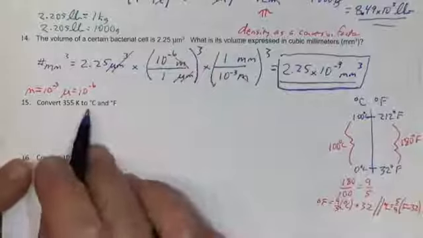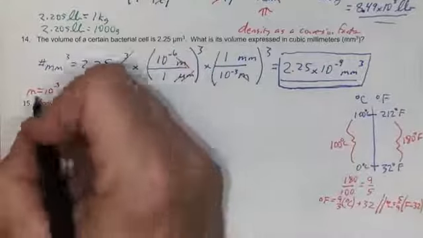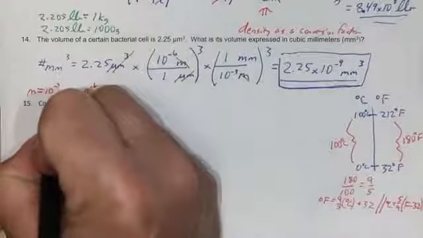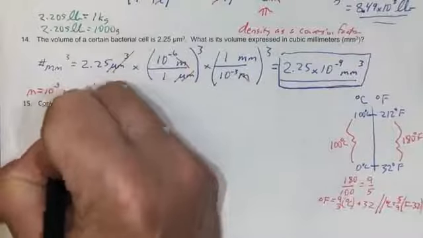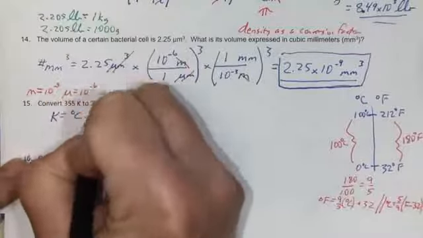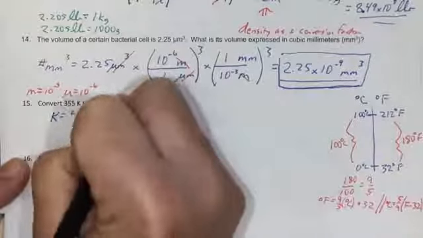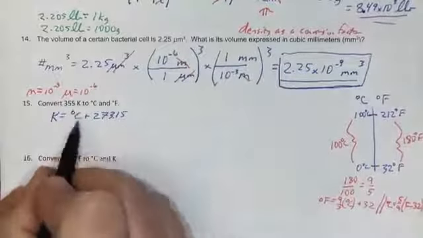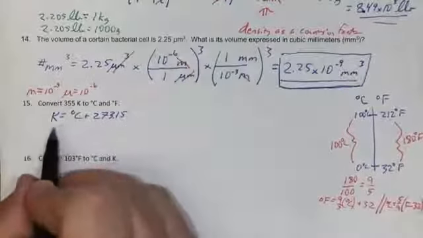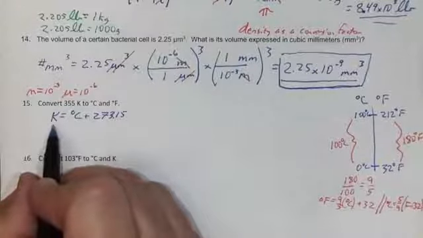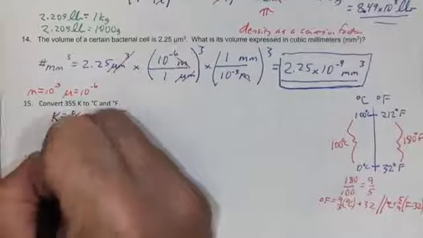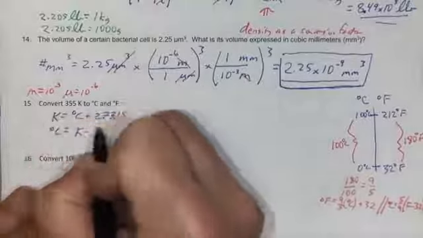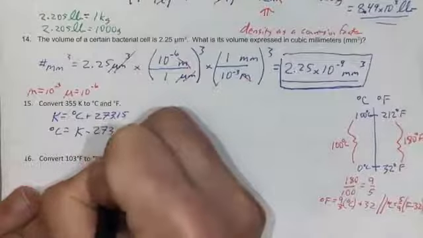First, I have this in Kelvin. Let's go from Kelvin to Celsius. And you need to know that the temperature in Kelvin is equal to degrees C plus 273.15. We normally use Celsius in science, but you need to be able to put it in the SI unit of Kelvin. And so the temperature in degrees C is equal to Kelvin minus 273.15.